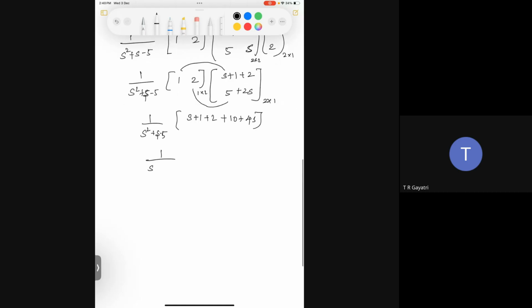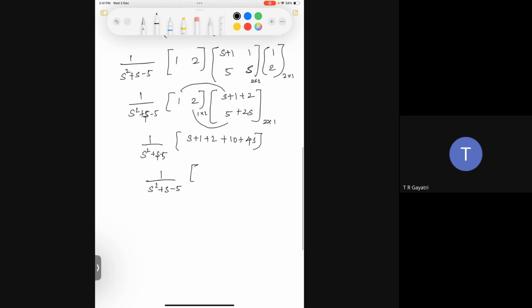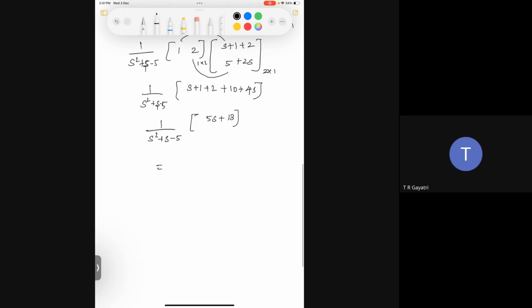Now this is S square plus S minus 5 into S plus 1, we can write 4S plus S, 5S plus 12, 13. So the overall transfer function is 5S plus 13 divided by S square plus S minus 5.